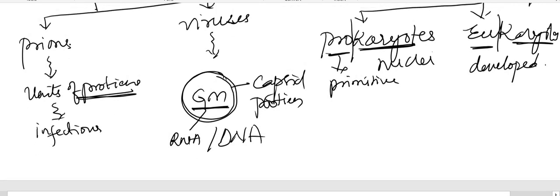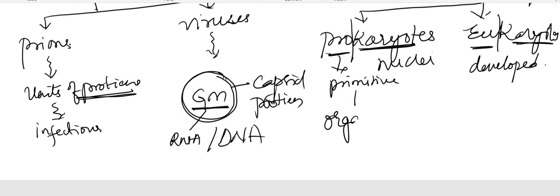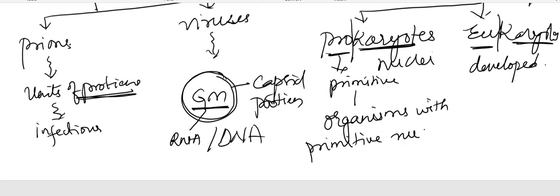Now what are prokaryotic cellular components? These are nothing but the organisms with a primitive nucleus. What is a primitive nucleus? A nucleus which is not well developed, I can say without a nuclear membrane.